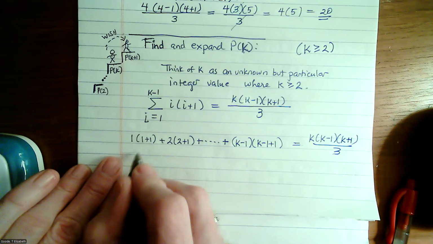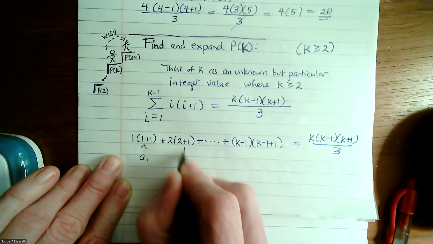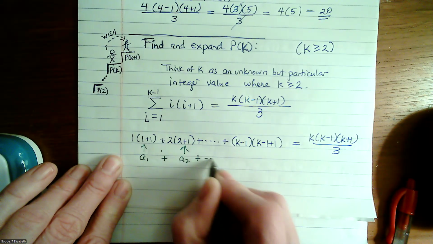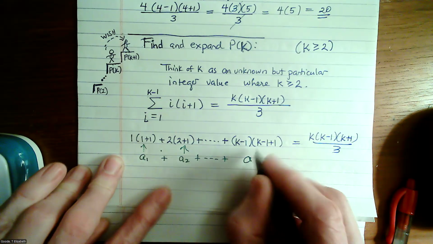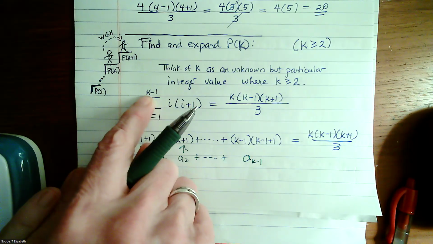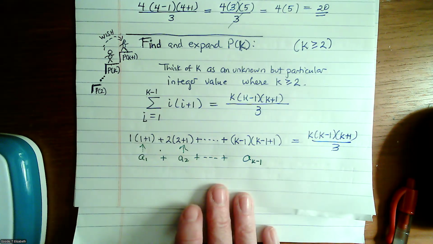That's the expanded form, where this is A1, this is A2, and this is A sub K minus 1, which we get by plugging in K to this upper value.